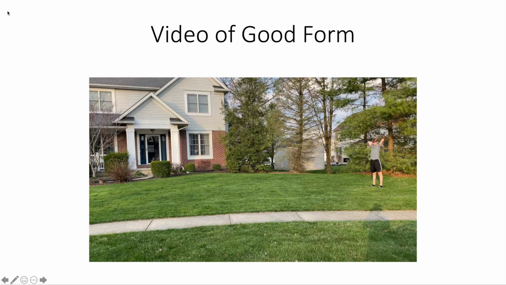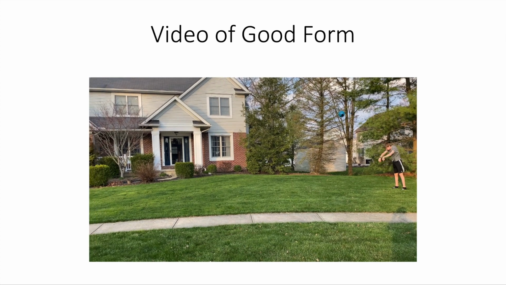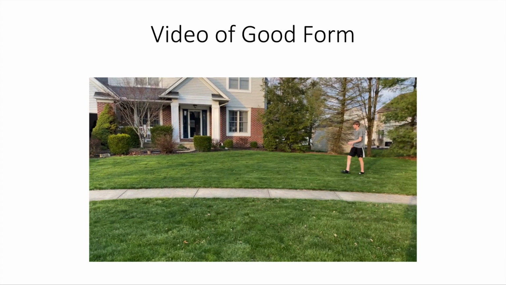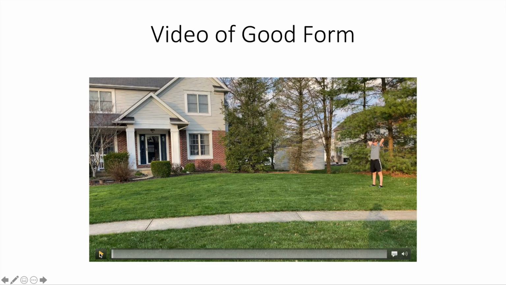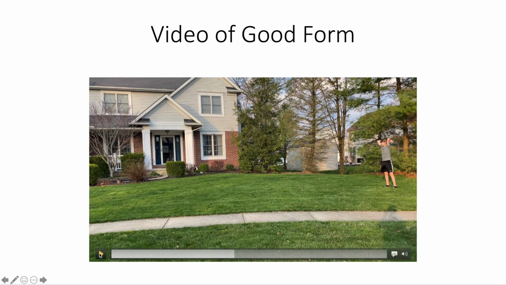So here's a video of good form. So as you can see here, I'll replay it and pause it if I can here. I can't do it in slow-mo, but he's standing still. You can also take a step, but I chose the simplified version here.